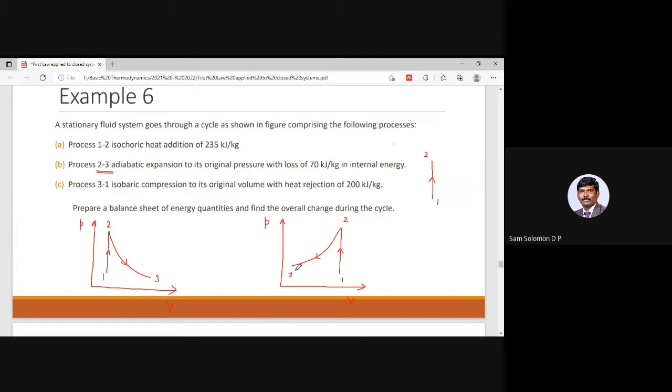But check the volume. What happens to the volume? The volume is getting reduced. Initially, the volume is V2. Now the volume is V3. And this V3 is lesser than V2, which means this is not a proper expansion. There is a drop in pressure, but there is a decrease in volume.